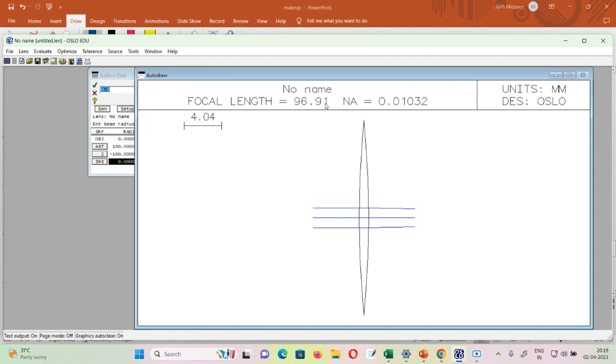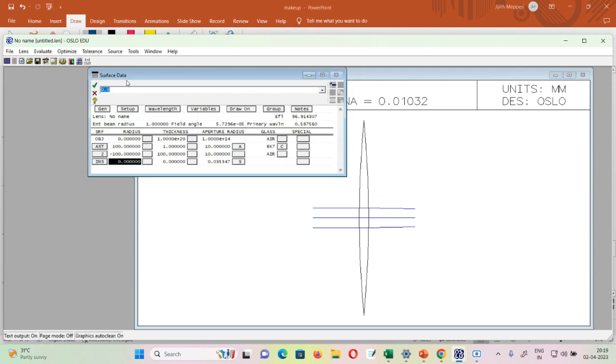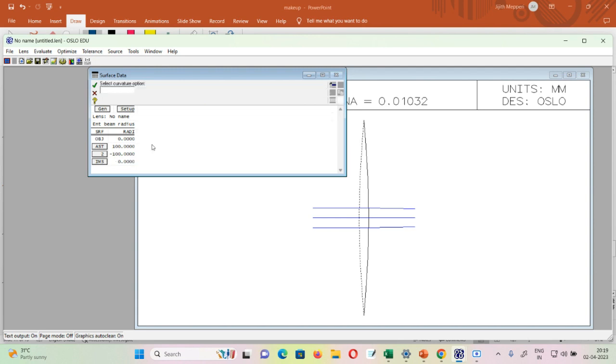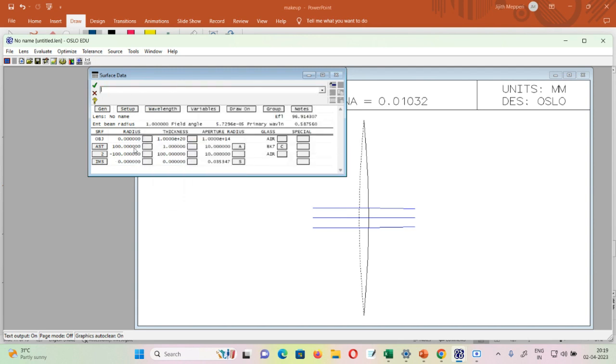But actually, I want a lens having a focal length of 100 mm. So here I am going to do an iteration, and we will make the radius of curvature my parameter, and we will change the radius slightly such that our focal length will be 100 millimeter.